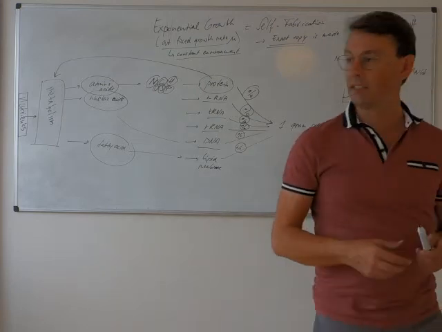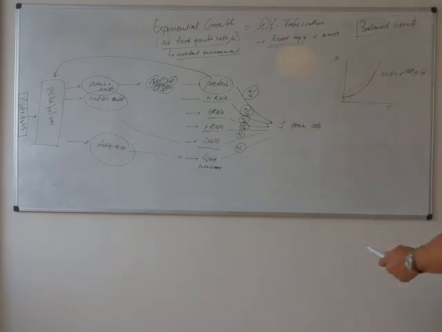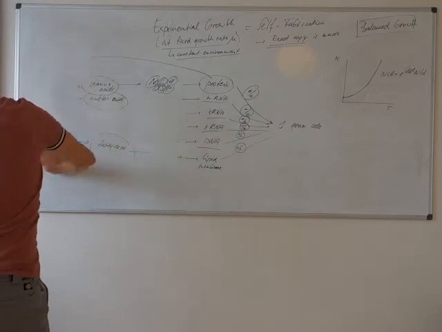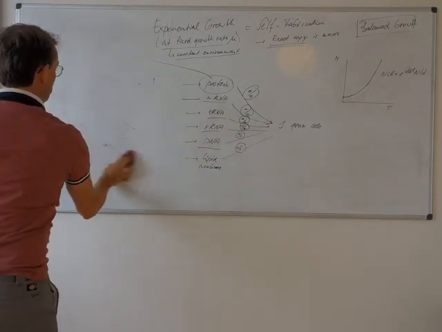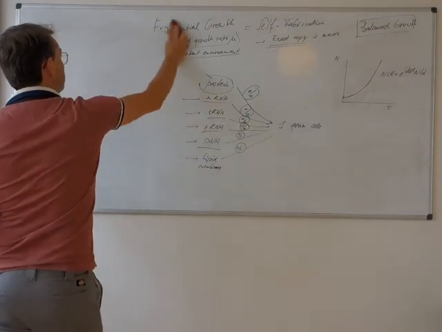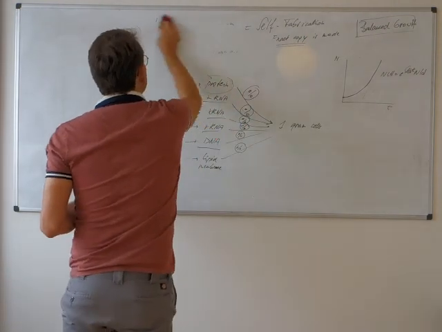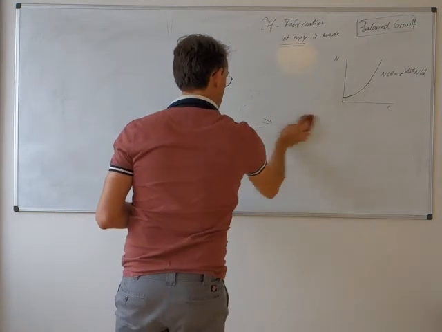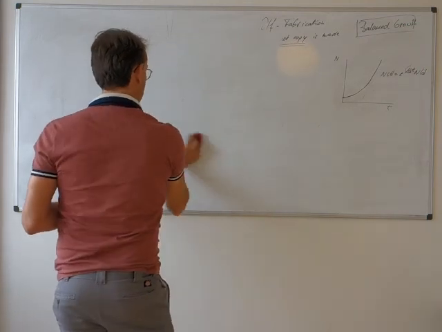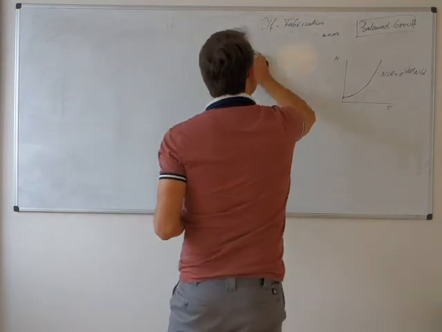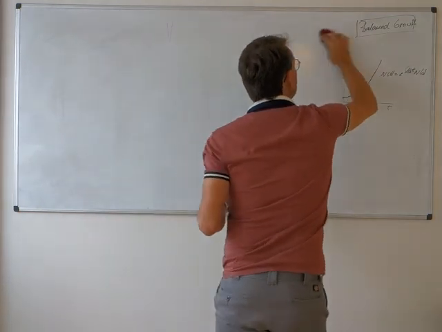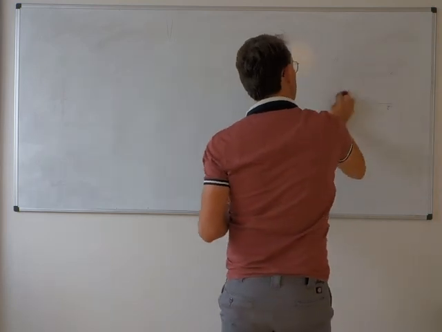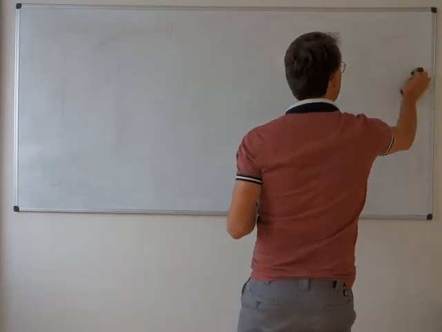Okay, so let's do one more thing. So what happens now if nutrients deplete? Let's look at the situation where we first start with a lot of nutrients, such that from the perspective of a single cell there is an infinite amount. So that means that when a single cell consumes some of those nutrients, the nutrient concentrations would hardly change.